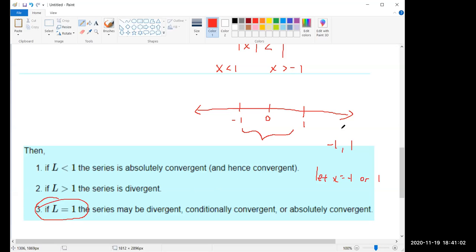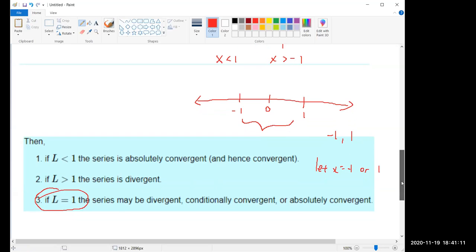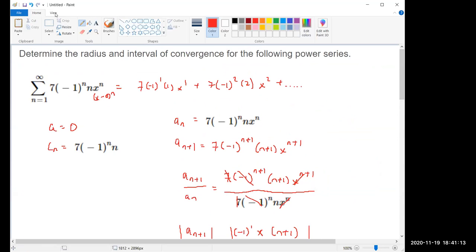In order to see whether it's parentheses or brackets, you actually have to plug these endpoint x values into the power series and then go from there. So we're going to do that now. Here's your series.